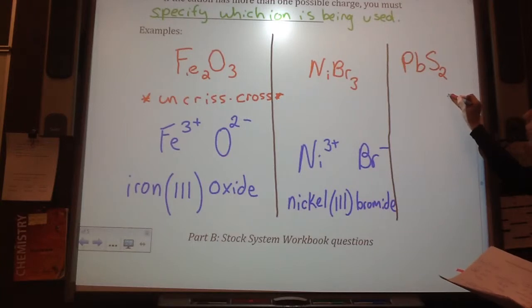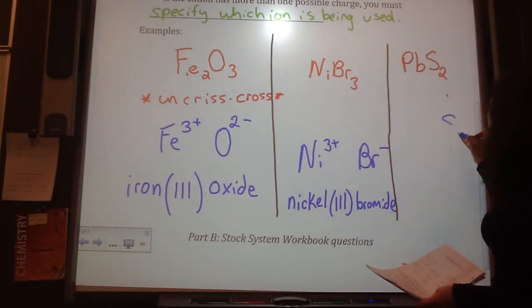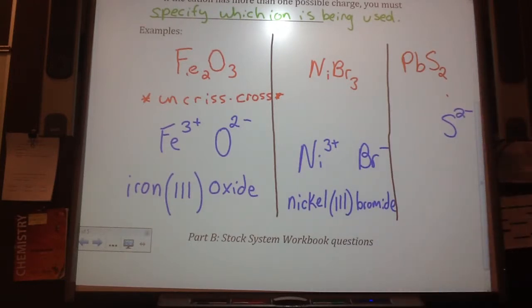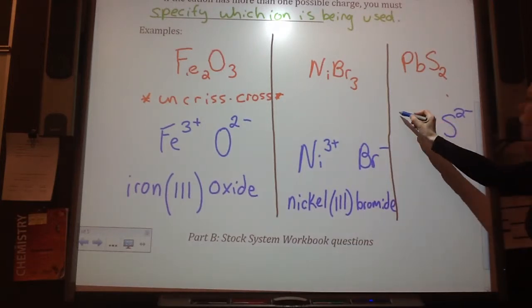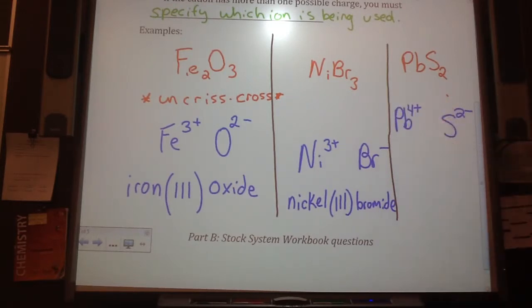Sulfur. What charge? 2 negative. So if I uncrisscrossed, how would I get Pb and S2? I got Pb4, because I had to start with Pb4.